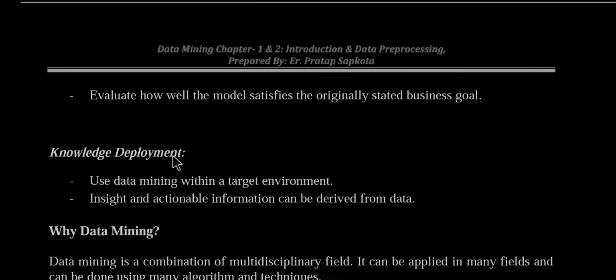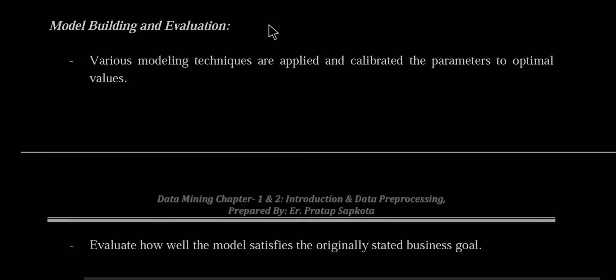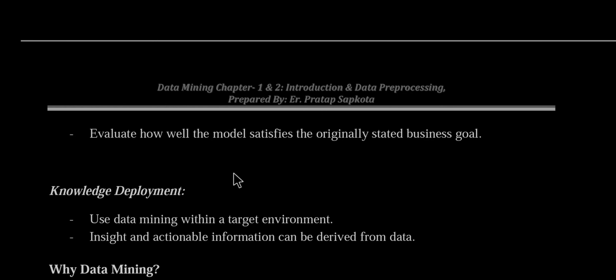And the last one is knowledge deployment. What does knowledge deployment mean? Knowledge deployment uses the data mining within a target environment. In the knowledge deployment phase, insight and actionable information can be derived from the data. What it means is that in the first three phases we have already built a model.